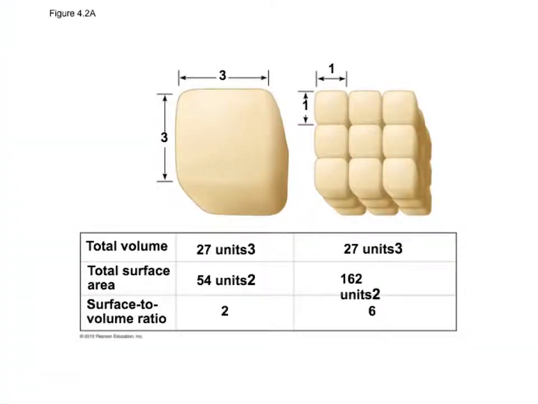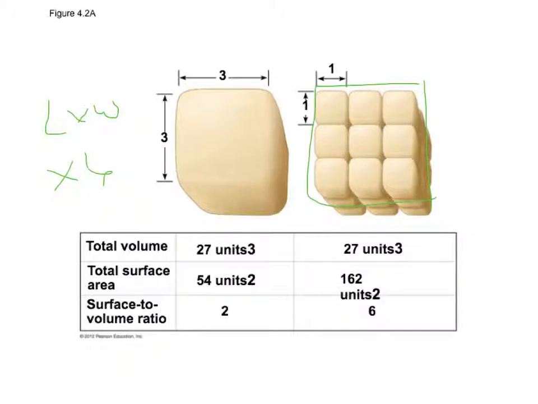So we can see in this slide, if we had a big cell that's 3 by 3 and we figured out our surface area, if you remember, surface area is length times width, and of course in a cube we have 6 sides, so we have to multiply that by 6. Over here we have broken up our cube into little tiny cubes, and those cubes are 1 by 1 by 1.